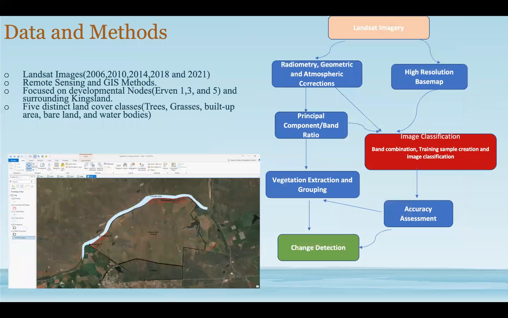So we basically used remote sensing and GIS techniques to assess how vegetation has changed over time. We used Landsat imagery from 2006 to 2021. We carefully selected all the imagery to make sure everything falls in the rainy season, and we identified 5 distinct land cover classes.